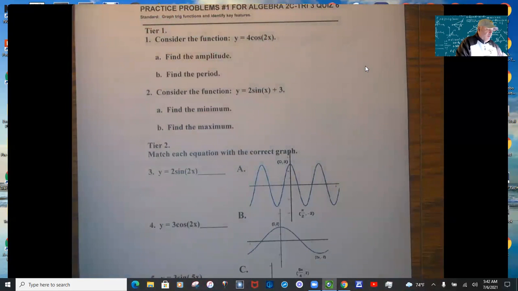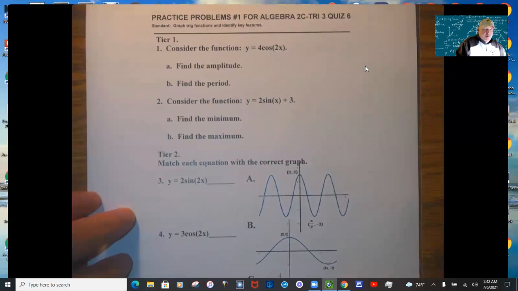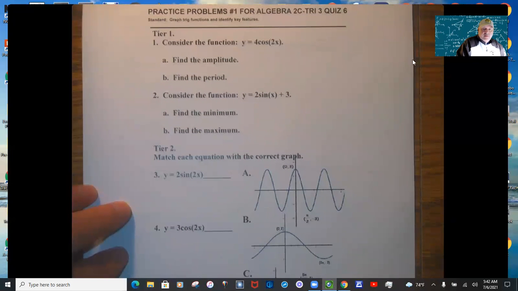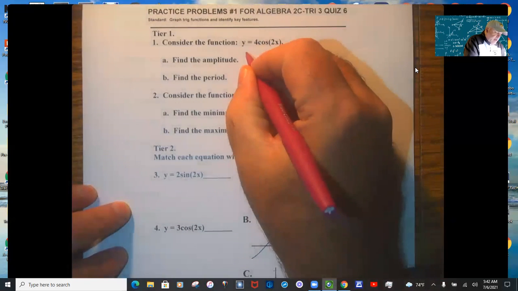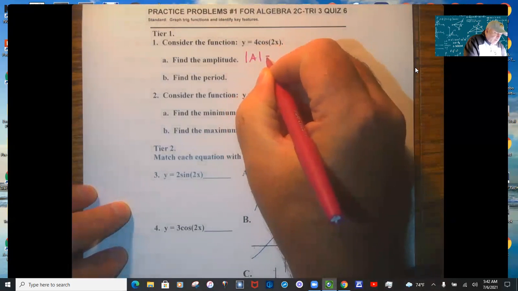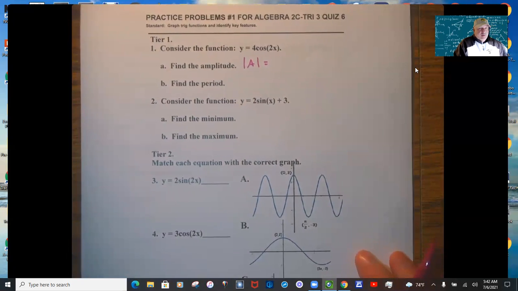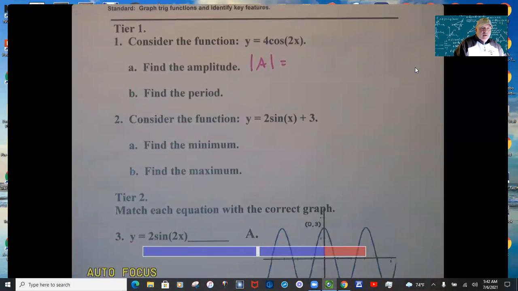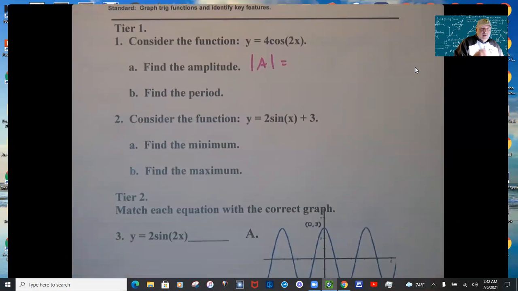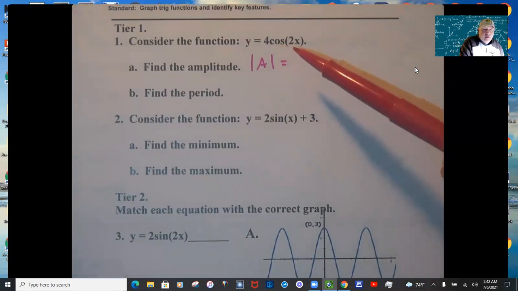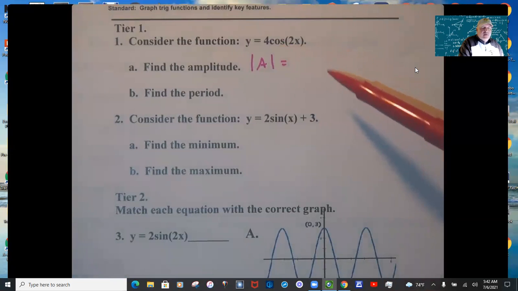Okay, problem 1, find the amplitude. What's important is that you recognize that it is the absolute value of A that we need. As you look at any particular trig function, you should know the values of A, B, H, and K. So A is 4, B would be 2, the coefficient of x, and then H is 0 and K is 0.